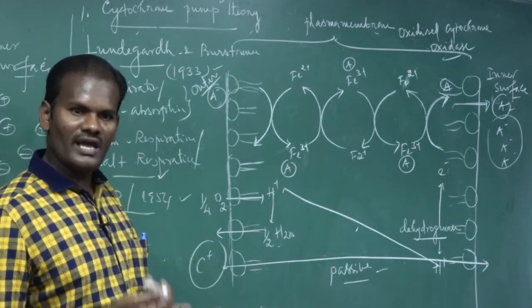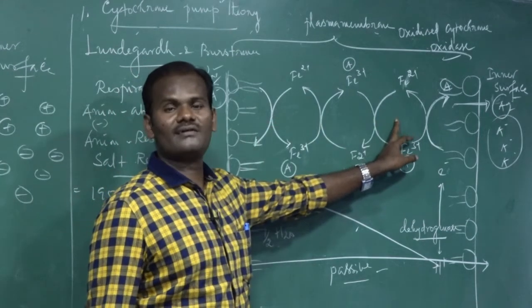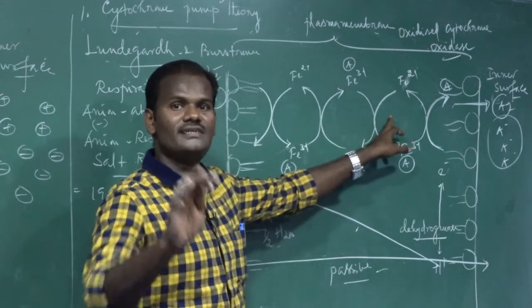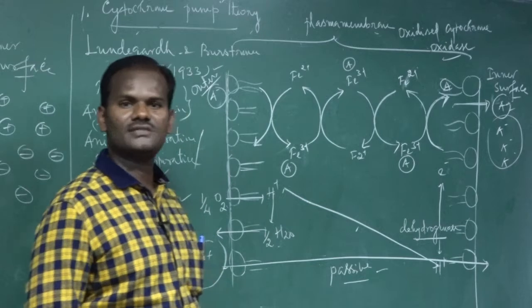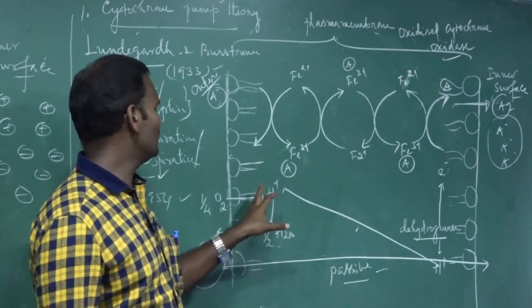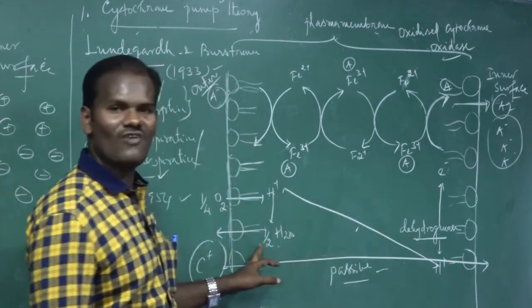Second, anions are transported through the cytochrome electron transport chain, actively utilizing energy, but cations are transported passively without utilizing any energy. Third, oxidation takes place on the outer surface and reduction on the inner surface, resulting in the formation of water molecules.